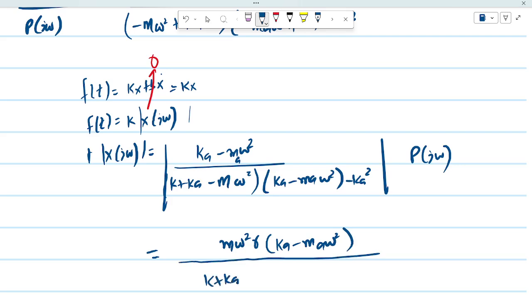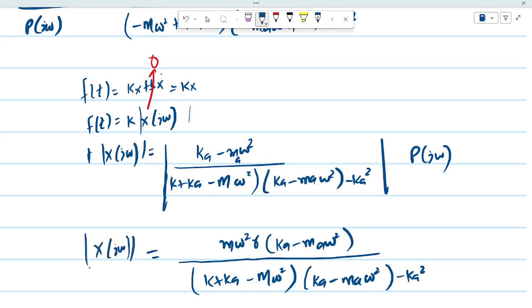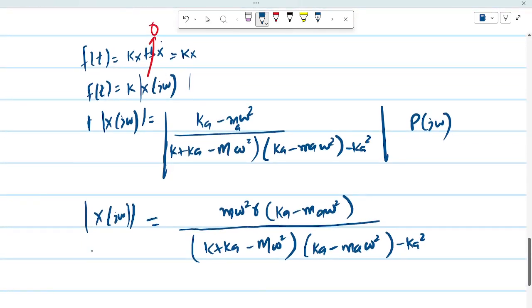K plus Ka minus M omega square, Ka minus Ma omega square minus Ka square. So we know that the P iota omega was equals to M omega square R, as we have seen in the beginning.